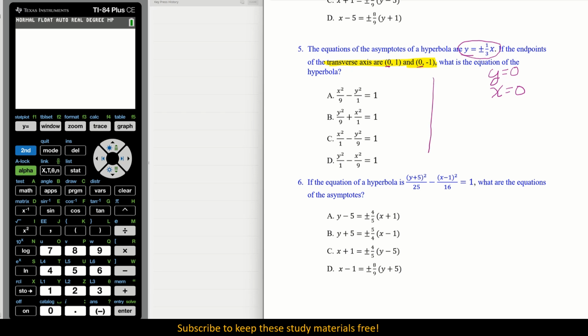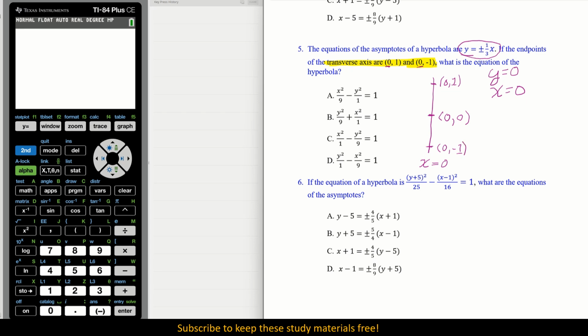So let's draw that. I know that we have x equal to 0, which implies, not the x-axis, the y-axis with x equals 0. Excuse me. So I know that's the axis, and I know here's the center at (0, 0), the origin. Now, what else do I know? I know that we have one endpoint at (0, 1), and another endpoint at (0, -1).